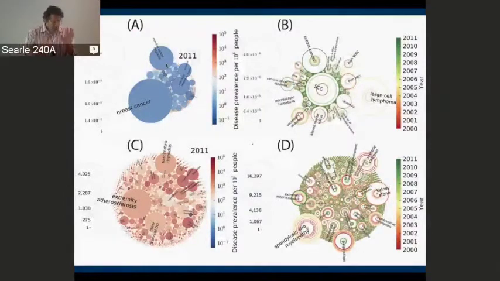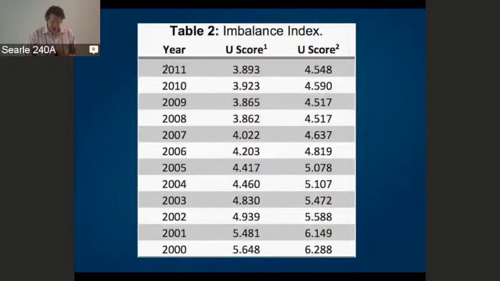So if research is not linked to the disease distribution, or I should say, it does look like the overall score is increasing, which is to say this is an imbalance index, that basically there's less imbalance over time across the years in our sample, right?